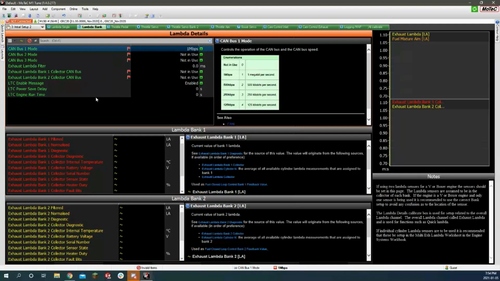I guess you could have more, but it probably only supports 2 banks, like a V configuration engine, or even an inline 6 with 2 separated exhaust manifolds. Then you can configure the lambdas on them, because if you have different air-fuel ratios between your banks, you can compensate for that, like add or take away fuel from one more than the other to maintain the correct air-fuel ratio across your cylinders.